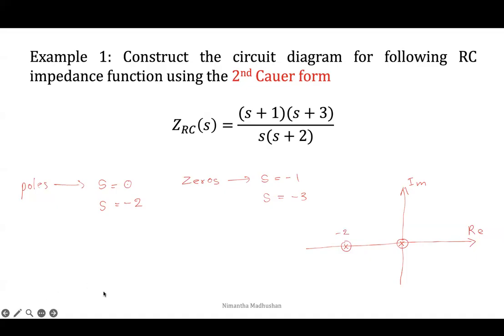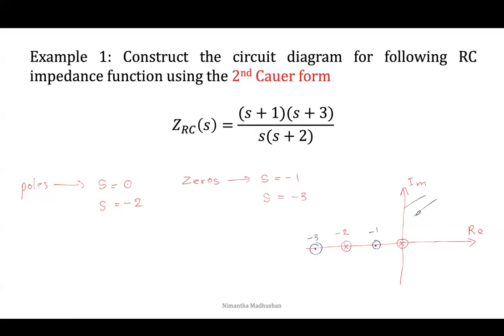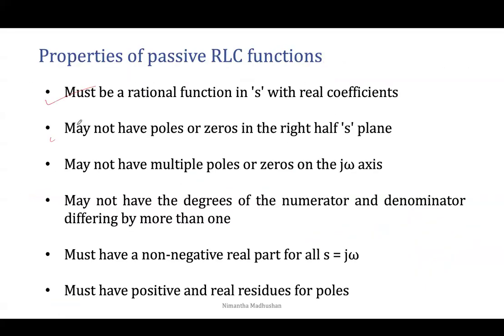And there are two zeros: s equals minus 1 and s equals minus 3. The right half plane is this one. You can see all the poles and zeros are in the left half plane. Then the second condition is also satisfied.